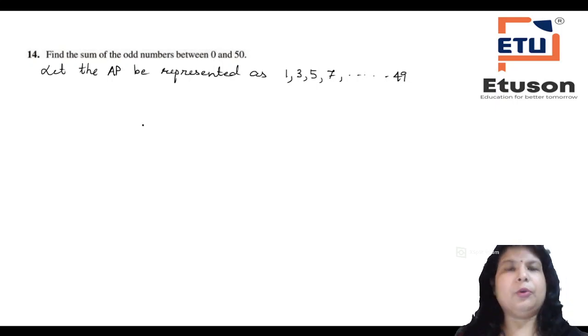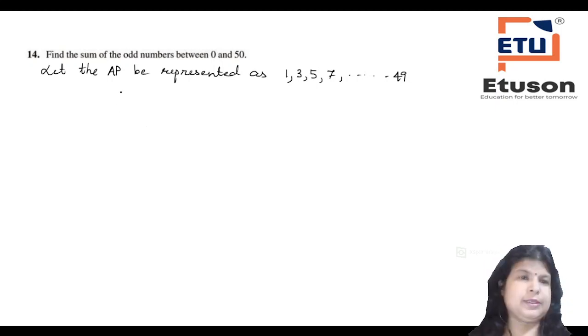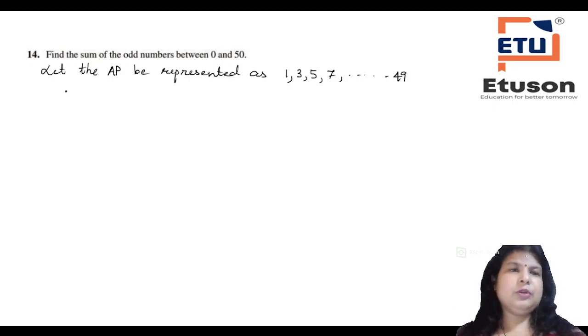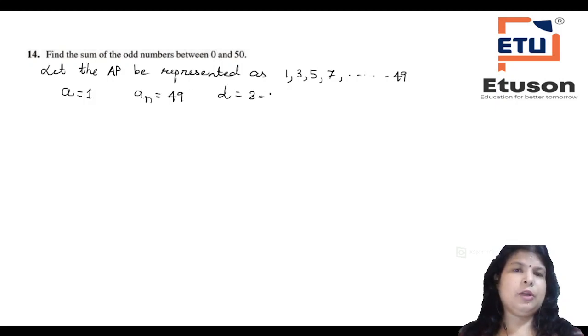But you don't know the number of terms here. Okay, but you know the first term and last term. Right. So let us write down what is given here. Your first term is 1. Your last term is 49. Your common difference between the odd numbers is very simple. It is 2. Right. So what is the nth term? The nth term is equal to a plus n minus 1 into d.